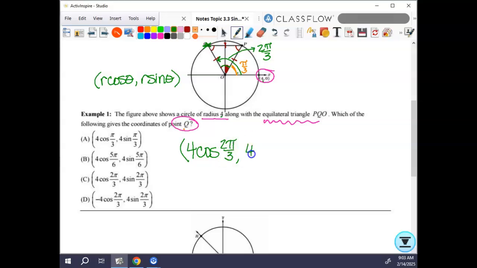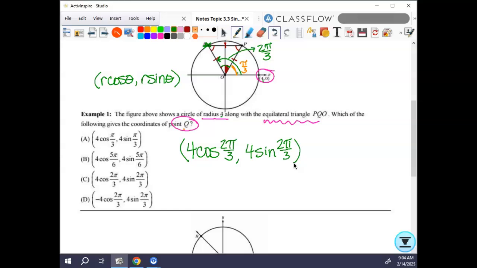And then 4 times sine theta. This is not even asking me to evaluate cosine and sine of 2 pi thirds at this point. There are definitely going to be times where we have to, but here I just have to understand how to do it. Now, that looks like answer choice C.